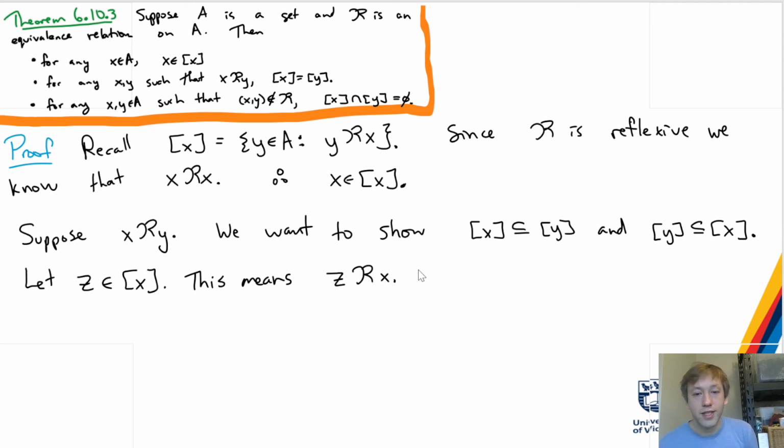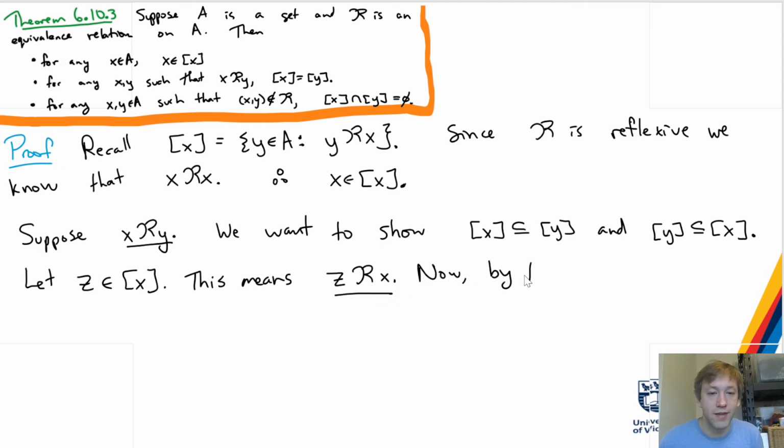So now what we know is that z is related to x and x is related to y. And now if we use transitivity, we can get that z is related to y.